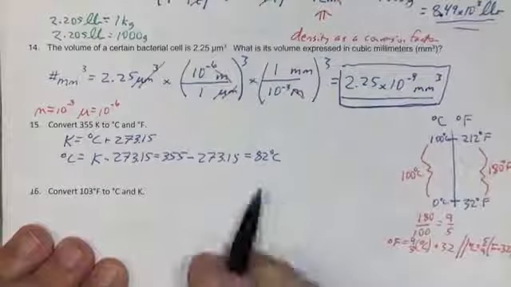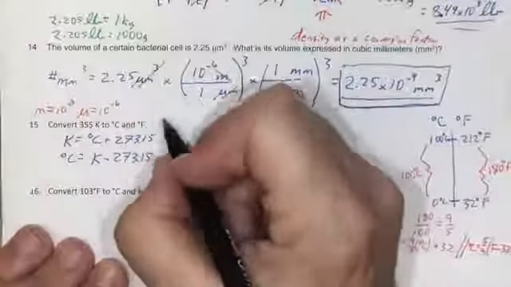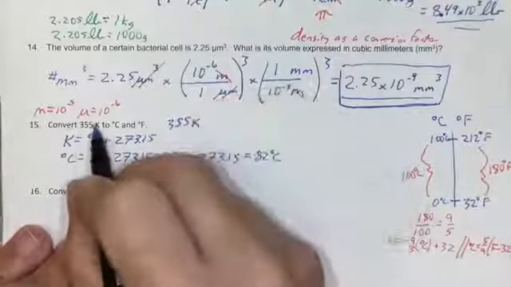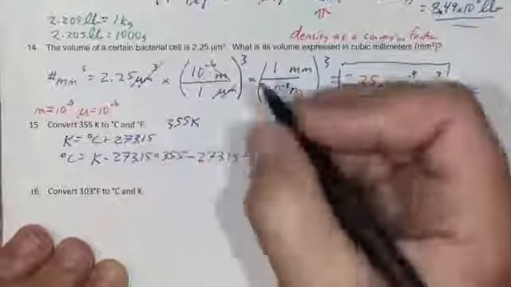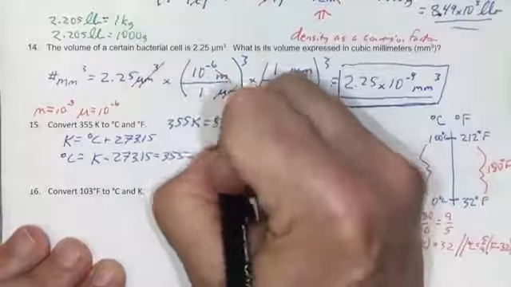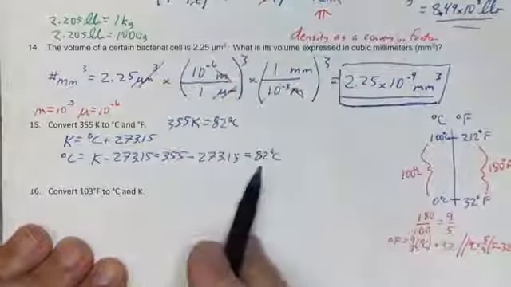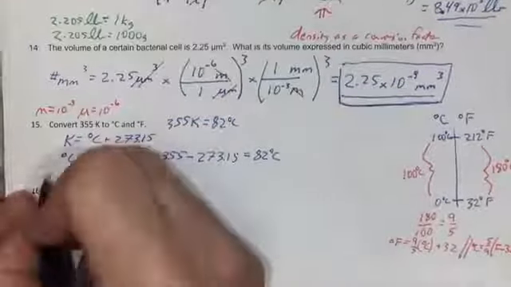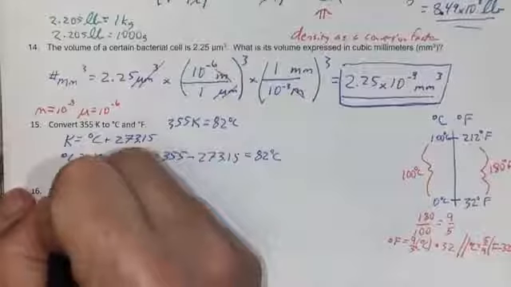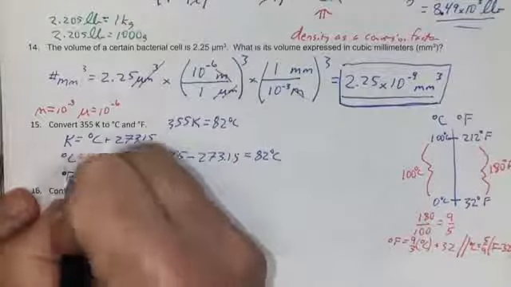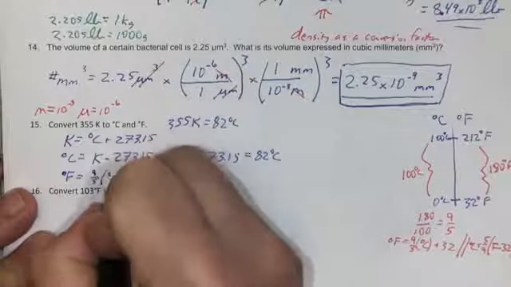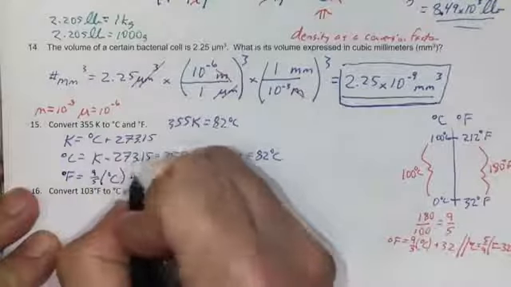82 degrees C. I only have two significant figures. So 355 Kelvin. Now, when we write Kelvin, we don't write a degree sign. 355 Kelvin equals 82 degrees C. Now that we have it in Celsius, we can convert it to Fahrenheit using this relationship. So the temperature in Fahrenheit is equal to 9/5 times the temperature in degrees C plus 32.